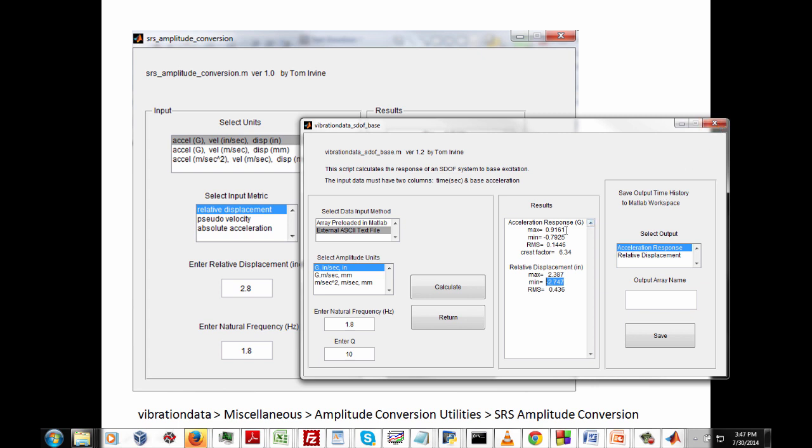Okay, let's note here, for example, that our peak G level is going to be about 0.92 G, and our relative displacement, it looks like I got a little bit off with my rounding off. It's 2.747 in absolute terms, or I guess if you just want to throw on some conservatism, call it 2.8 inches.